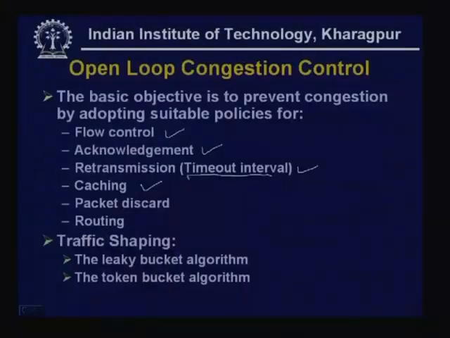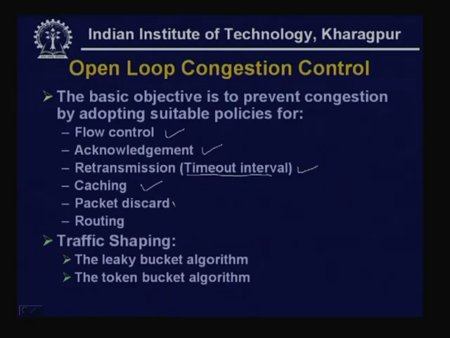So, whenever it is selective repeat, then we know that you have to do some kind of caching of the frames. Whenever it is being done, then you do not have to retransmit a number of packets which have been received correctly by the destination. So, this caching also helps in reducing the number of packets in the network.